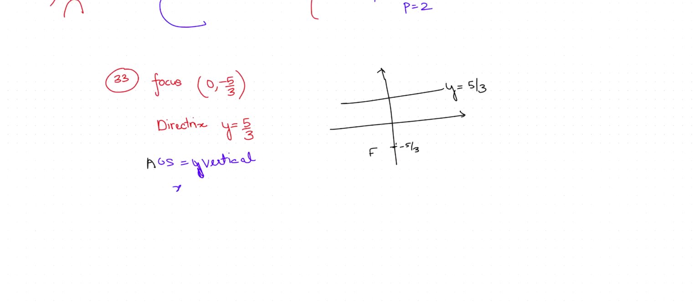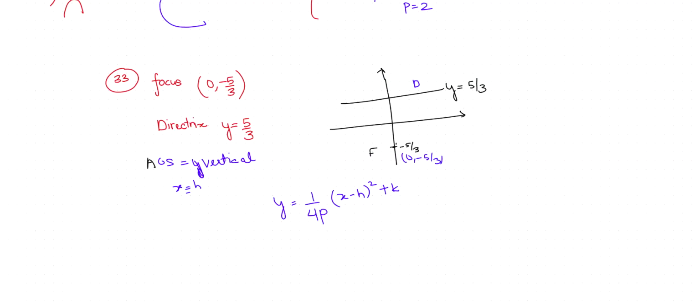So when it is vertical, we know the equation would be y is equal to 1 over 4p times (x minus h) square plus k. Now the focus is (0, negative 5 by 3), and the directrix here is y equals 5 by 3.